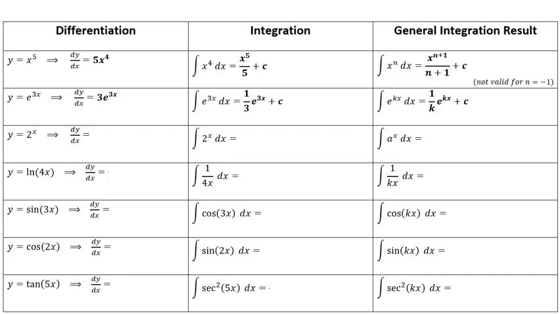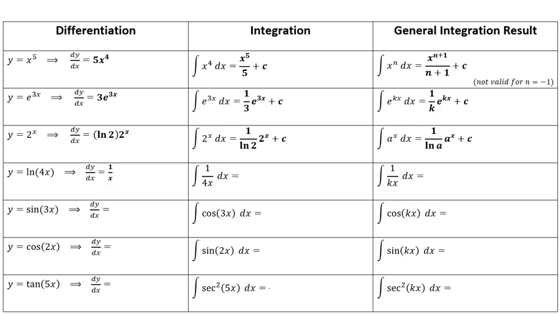We're going to see why it works with a constant and why it doesn't necessarily work with others in a moment or two. 2 to the x differentiates to ln 2 to the x. If you integrate, you have to remember to divide by the adjustment that 2 to the x produced. That's easier to see if you rewrite it in terms of e, but it's a useful result to have on hand in case you're dealing with exponentials.